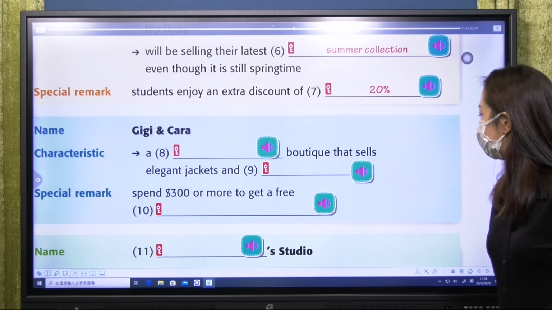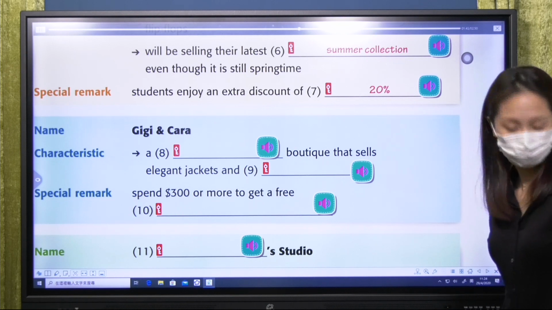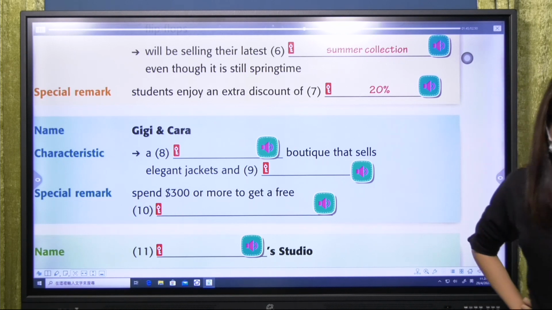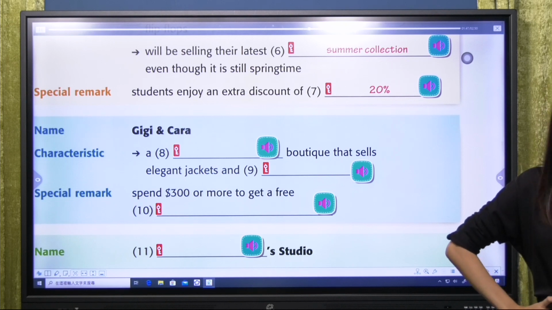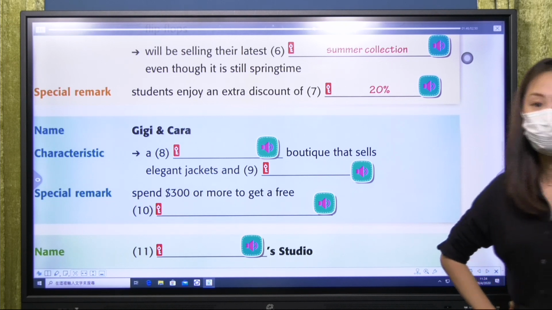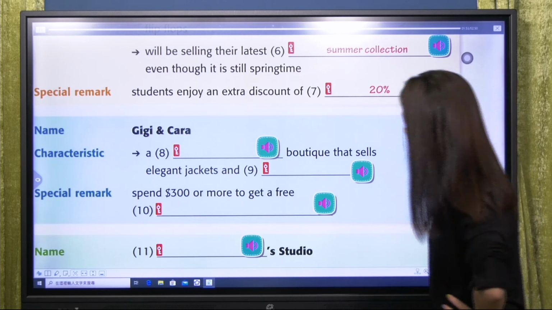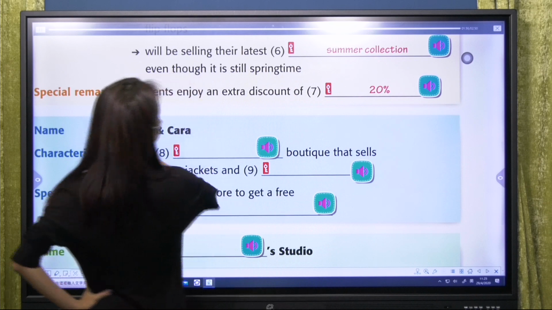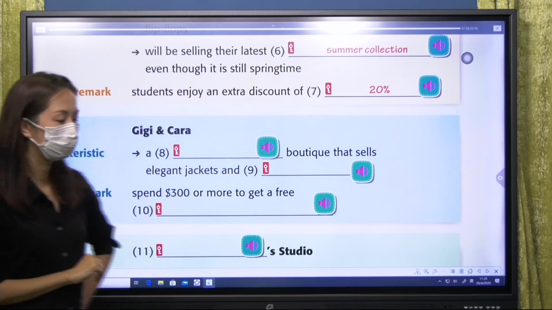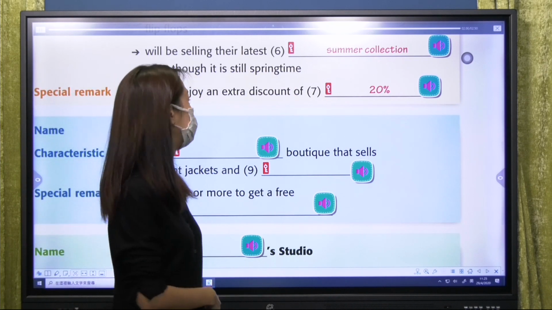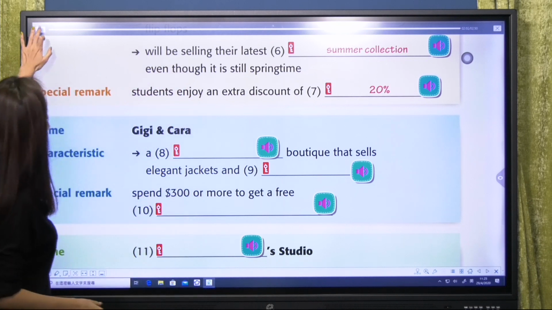Actually, I think they'll be giving away something at the sale. Let me see. Yes, they're offering a free cotton shopping bag to people who spend $300 or more. I think the girls will like it. I think so too.